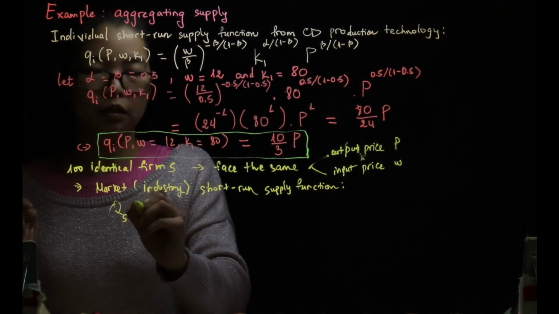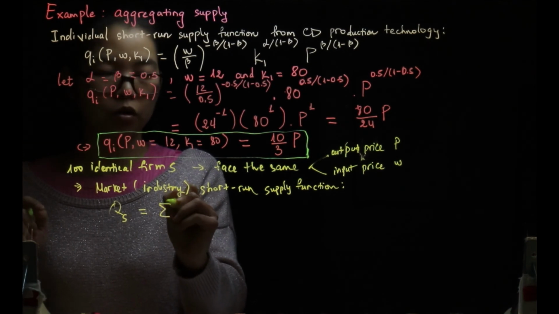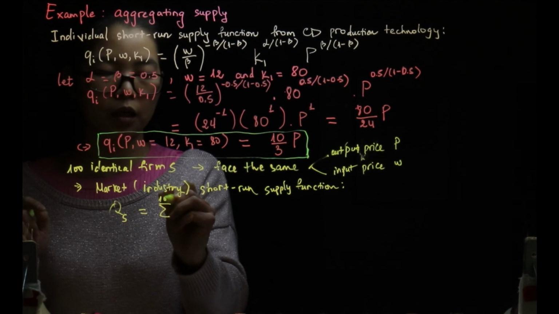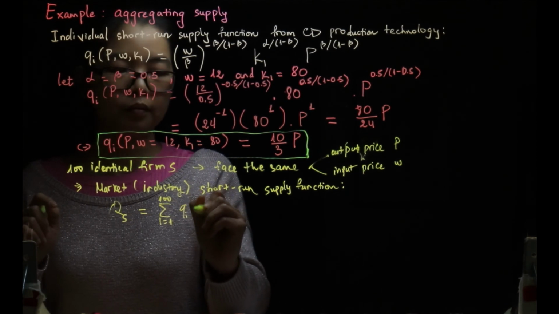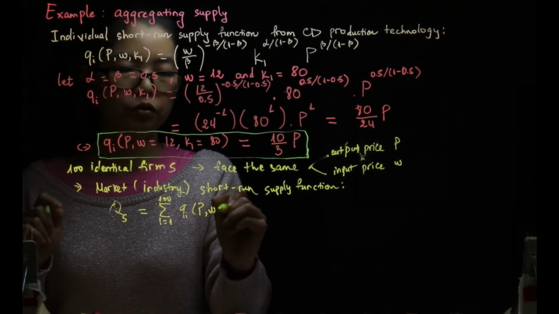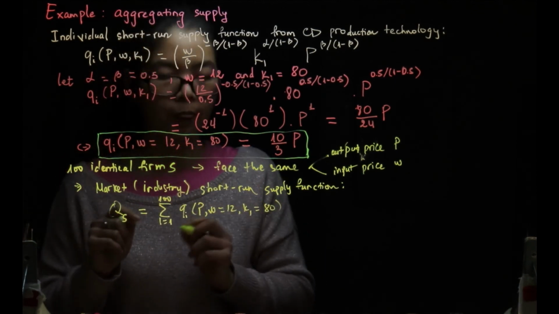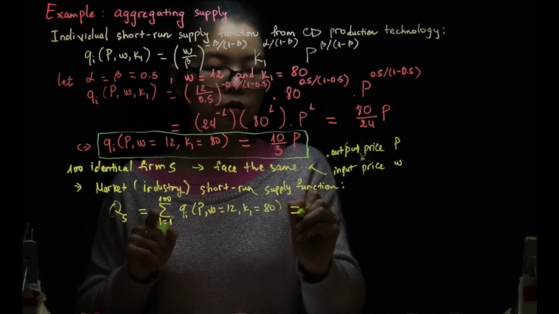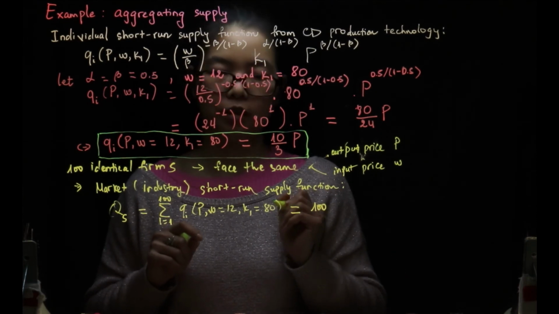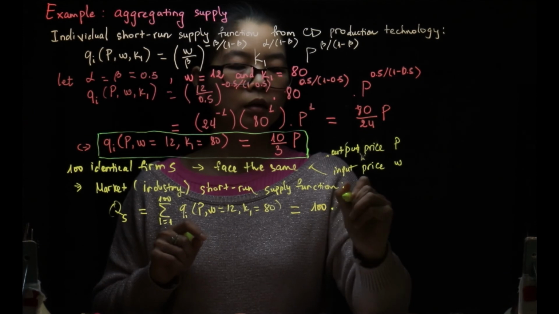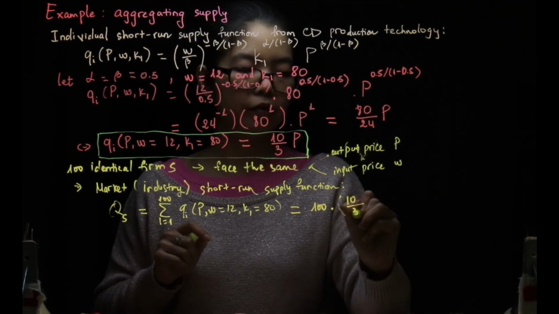QS, right? This is the notation, equals summing the quantity across all firms in the industry, which is 100. QI, P, W equals 12, K1 equals 80, right? And because they're identical, we just simply multiply 100, the number of firms, with the individual short-run supply function.